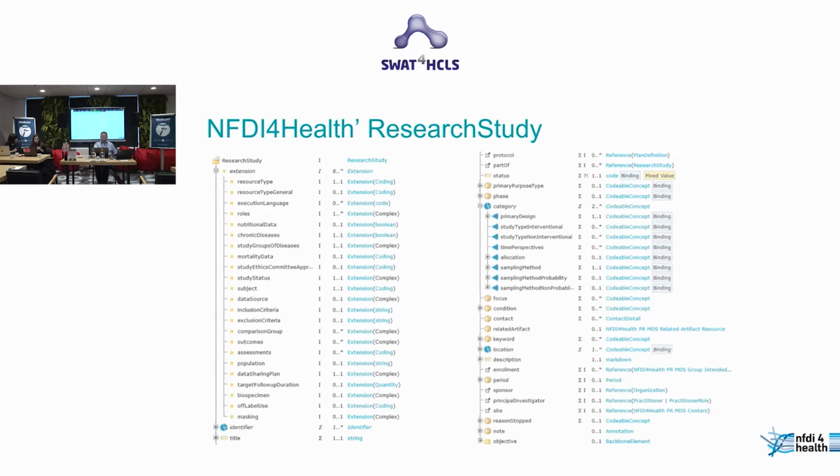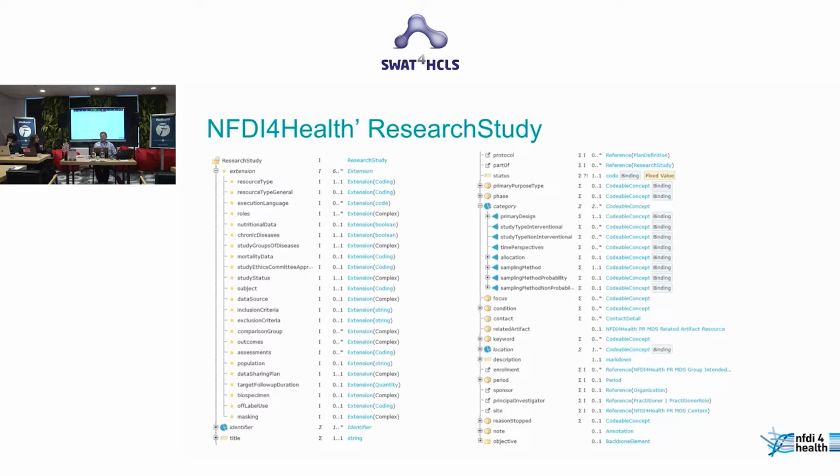of how a research study profile looks. I opened the drop-down menus, so you see that there are many extensions on the left side, namely also to describe properly which resource type it is, because this is one of the main criteria for a data set to get a DOI.